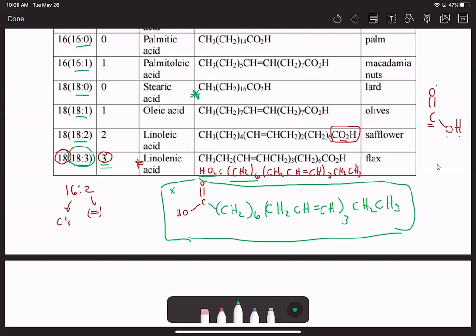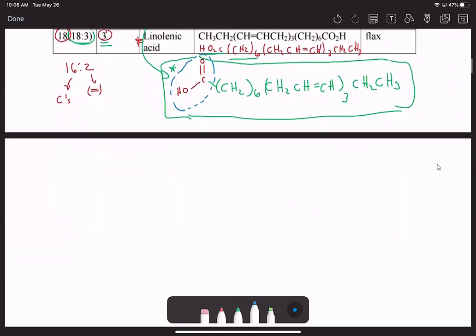Because we are going to be working with these fatty acids, you do need to be able to take this and turn it into something like this, right? So first I have to reverse it, and then I actually have to put that carboxylic acid functional group on it, because we're going to be doing reactions with it.